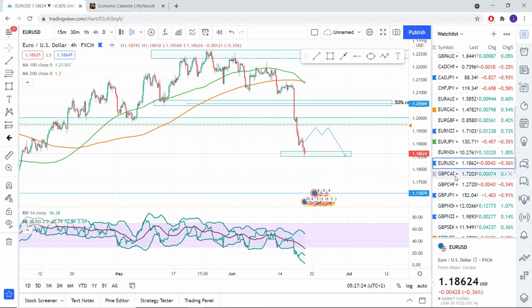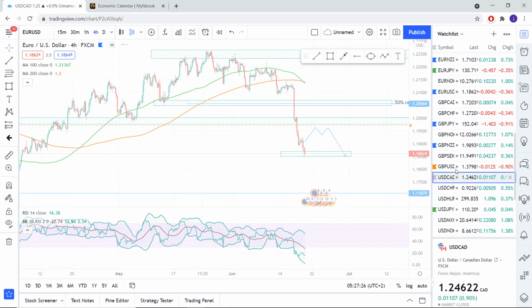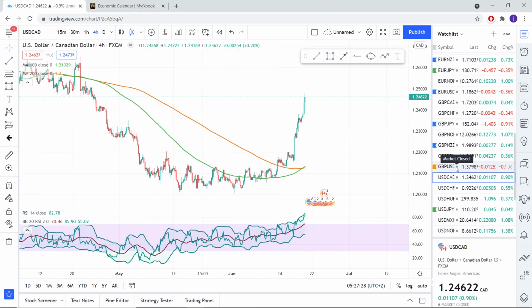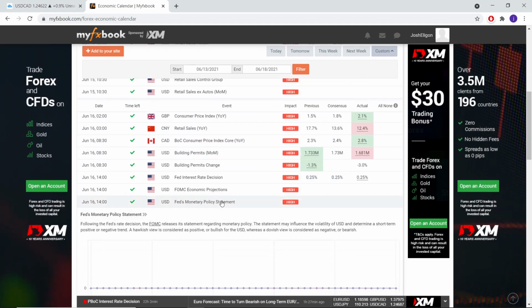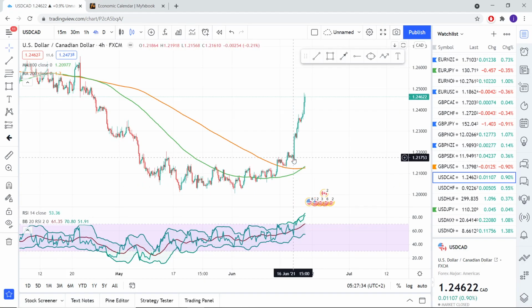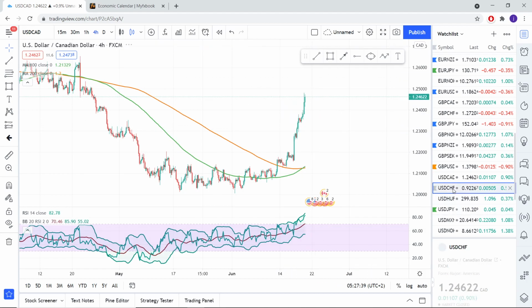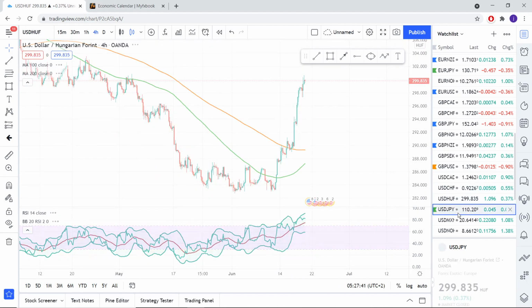All right, so looking at all these cross pairs, we can see just how strong the USD was from Wednesday 16th. I love these. Yeah, Wednesday 16th itself, we had that bullishness on those USD cross pairs.